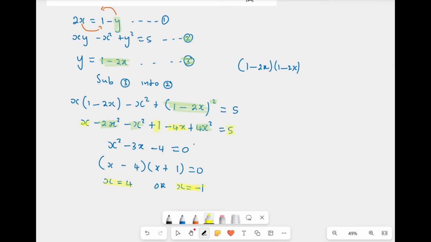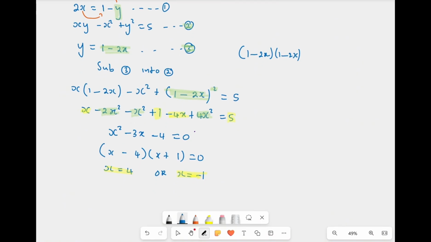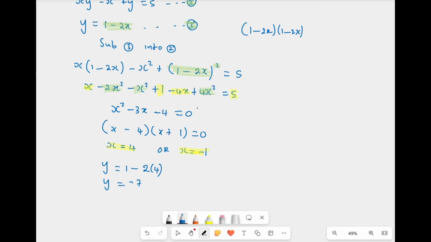We take these x values that we got here and substitute in equation number 3. So if I substitute in equation number 3, I am going to have y is equal to 1 minus 2 multiplied by 4, which would be y is equal to negative 7.